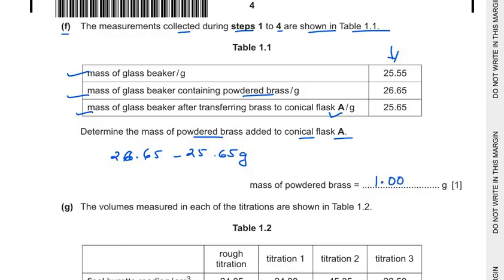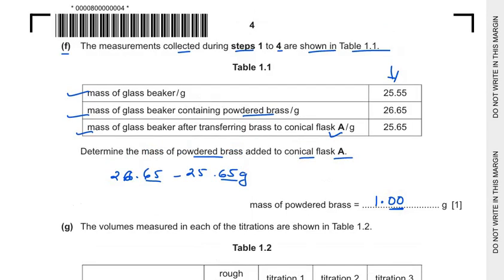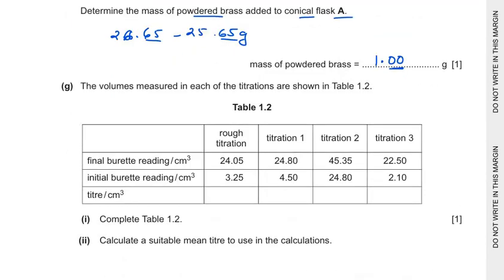We understand that if we are using 2 decimal places, we need to give our answer to 2 decimal places, and that's why I have specified 1.00 gram of brass is transferred to the conical flask A.